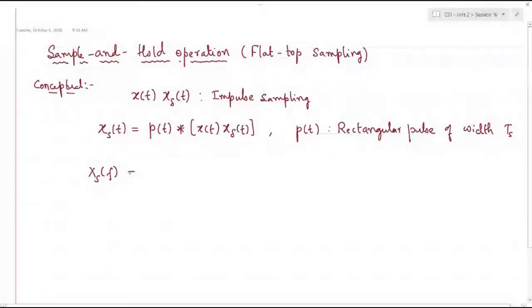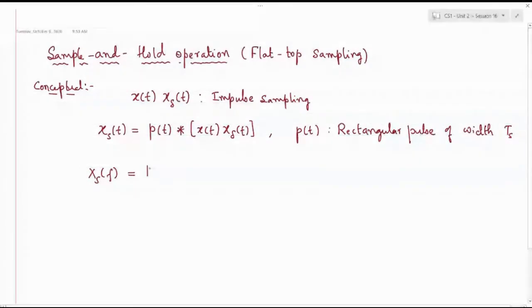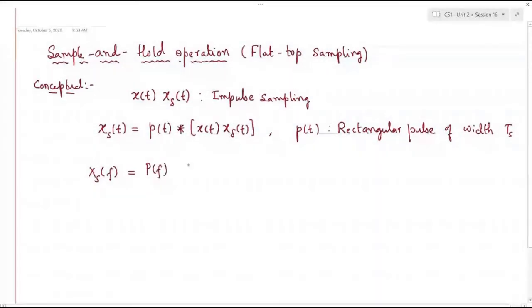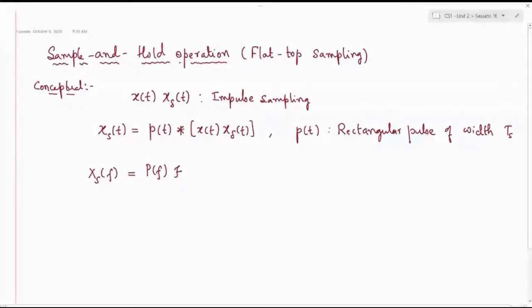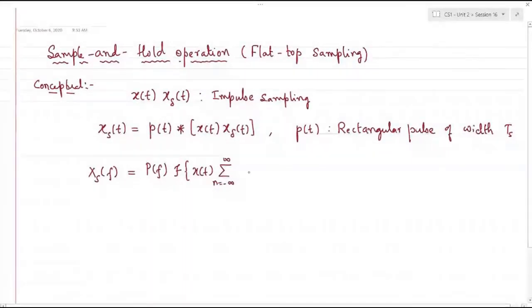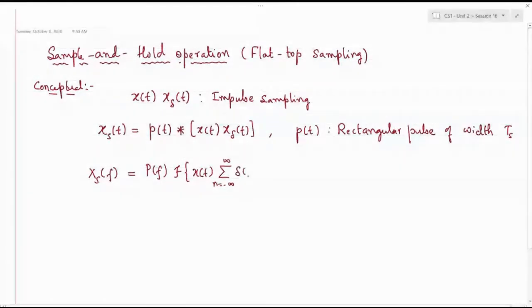You know that convolution in time converts into multiplication in the frequency domain. This is simply P of f multiplied by the Fourier transform of x of t and x delta of t, which we represented as a summation from minus infinity to infinity of delta of t minus nTs.